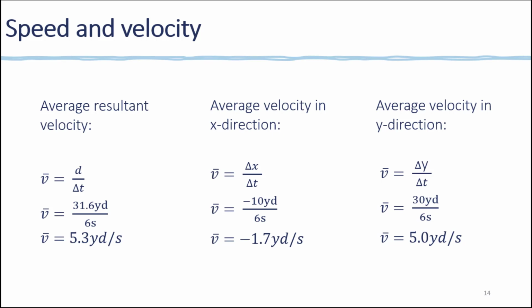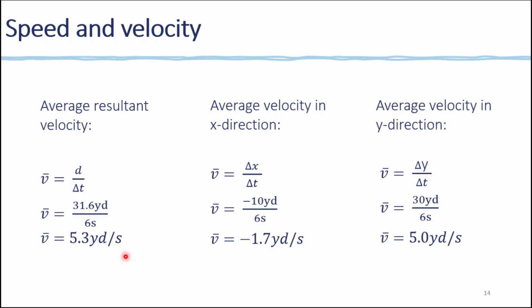So this is what the calculations would look like. On the left-hand side here, we have the average resultant velocity. This is the average velocity of the displacement that we measured, which was 31.6 yards. If we divide that by the 6 seconds that it took for that displacement, then the average velocity of the runner would be 5.3 yards per second in the direction of the resultant.